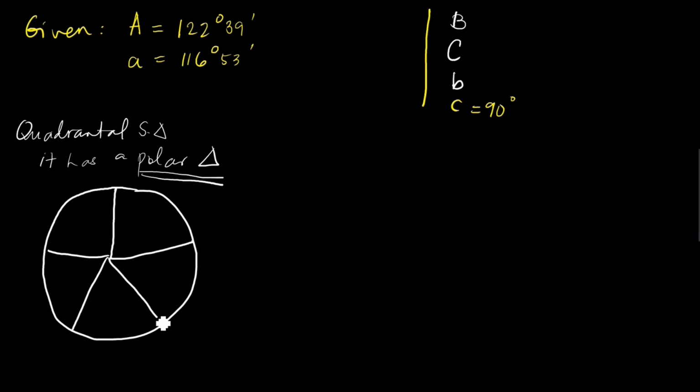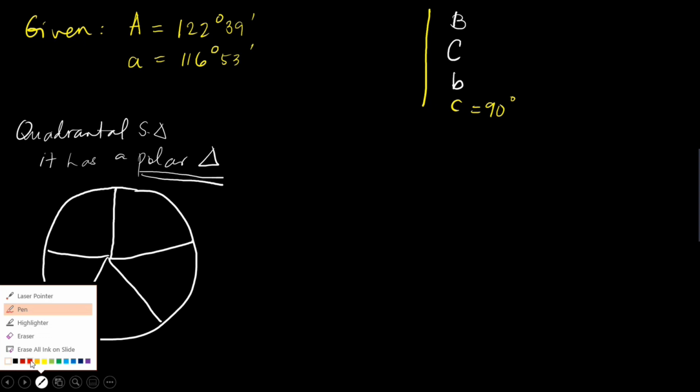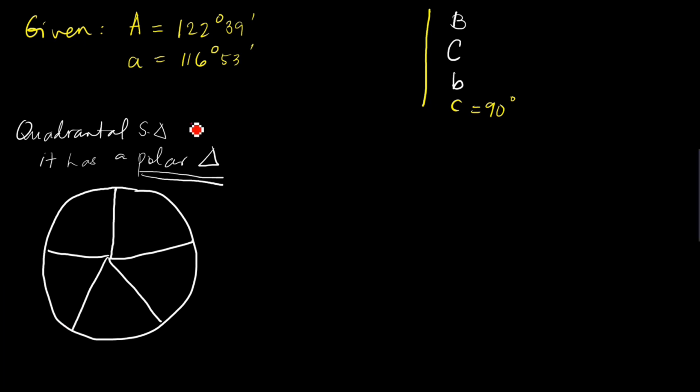Okay, we already divided the circle into 5. So remember the polar triangle, if we do have a quadrantal spherical triangle A, B, and C, this is the name of the quadrantal spherical triangle. Its polar triangle has the primes.